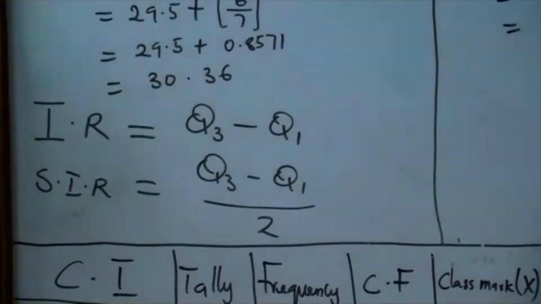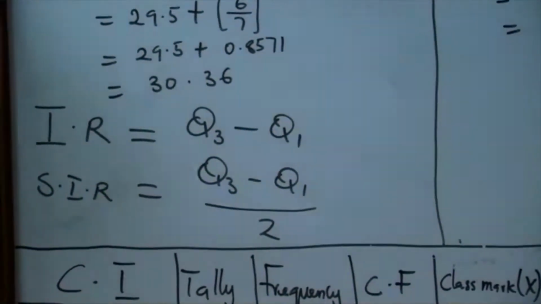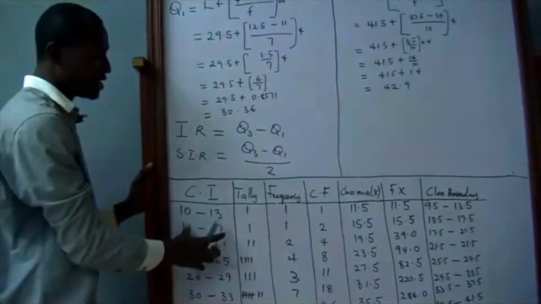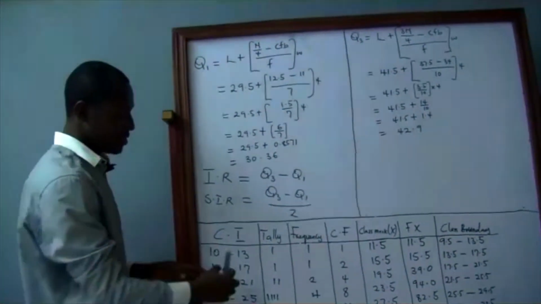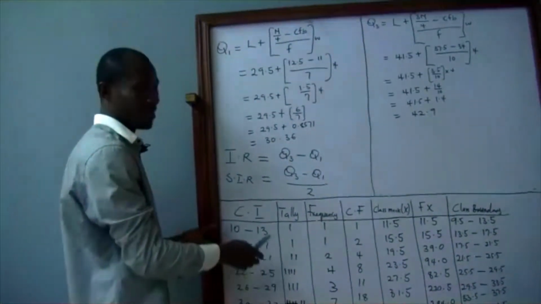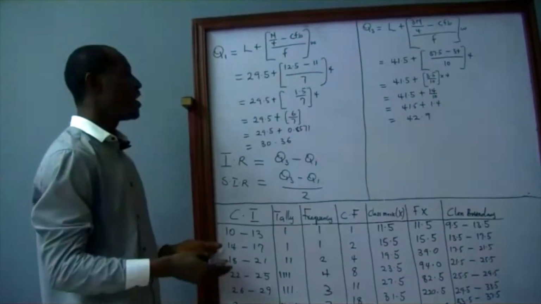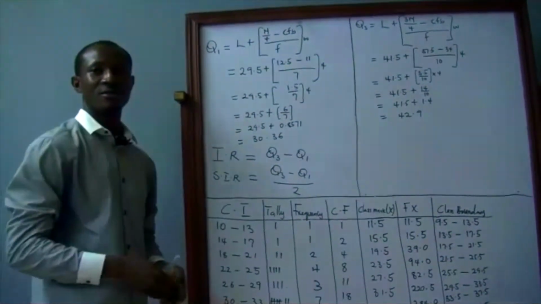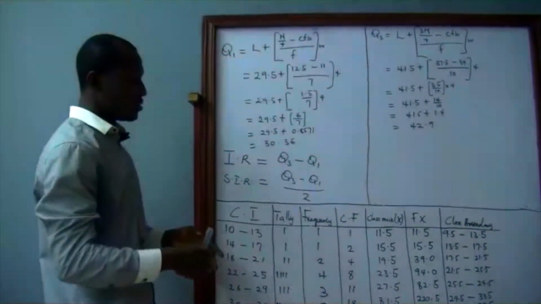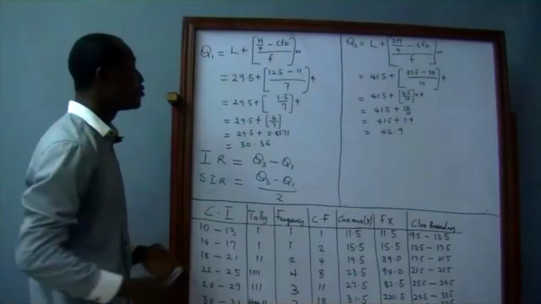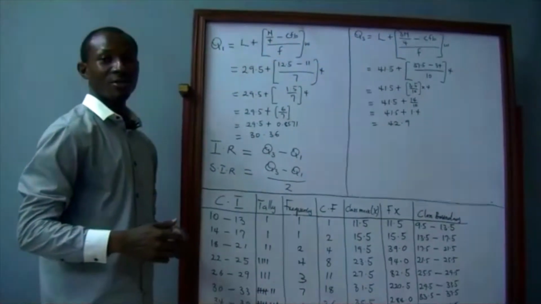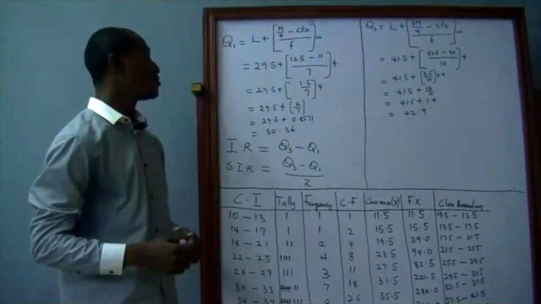But here we have intervals, that we have classified the data into groups. Just like I said earlier, the group is only going to give us a particular class where the real value lies. So we need a bigger, or let me say a more beautiful formula to find out that information.